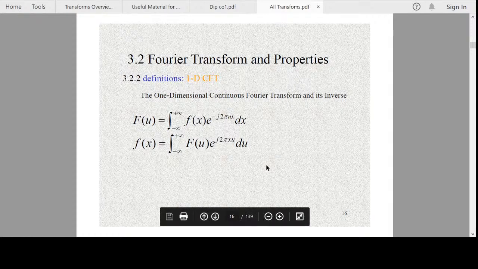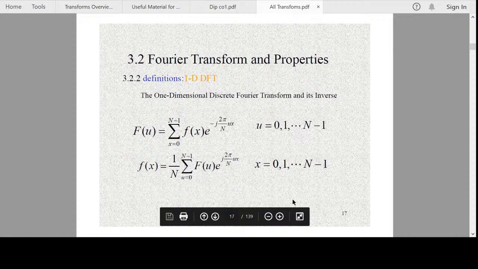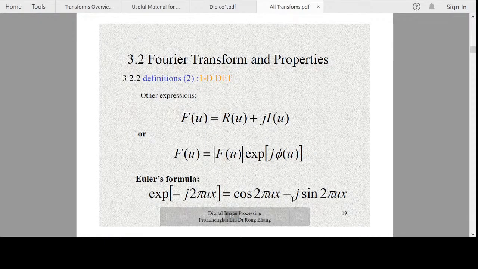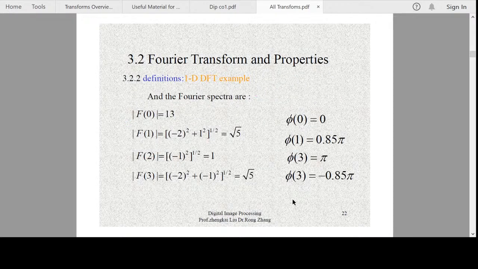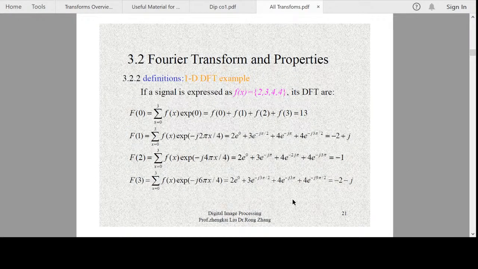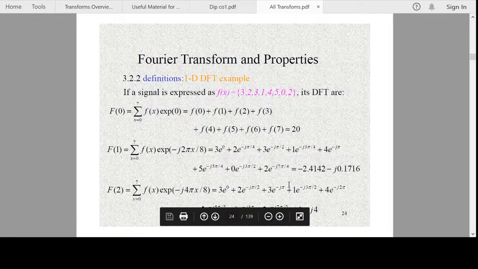So this is a simple, continuous one-dimensional DFT formula. From that, we have seen the one-dimensional discrete Fourier transform, and we have seen the properties.